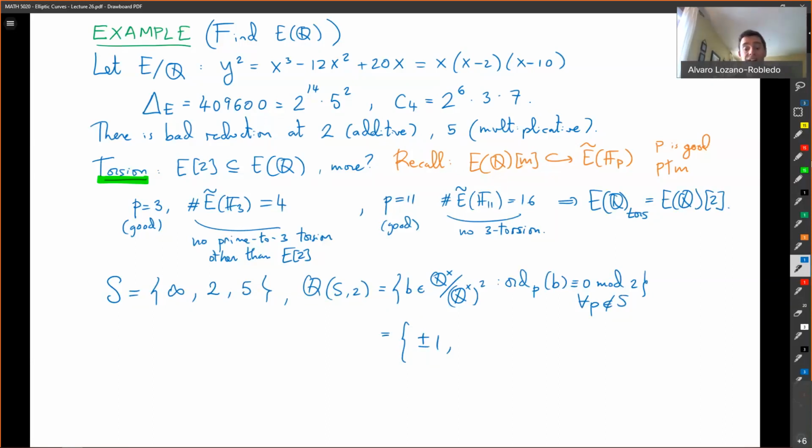It also allows primes that are in S. So plus or minus 2 can be in here. Plus or minus 5 can be in here. Their products can be in here. So plus or minus 10 can be in here. But that's it. Any other rational number, which you can assume is an integer, would have a prime factor that is not in S, and therefore the order of vanishing is 2, therefore there's a square there, and this is it. So actually QS2 is just this. Okay. Notice that it has size 8.